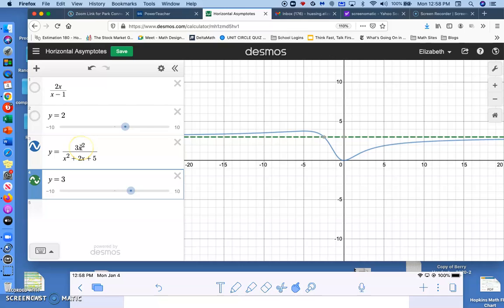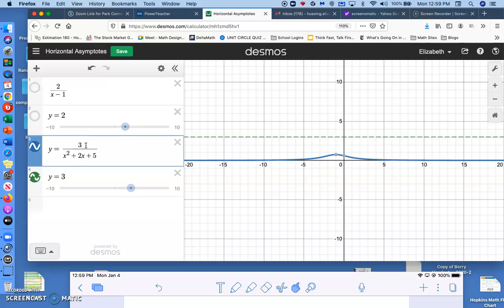Y equals 3. So if we take a look at these equations here, we had 2x over x, 3x squared over x squared. So it kind of looks like it's that coefficient here. But I'm going to change something here. So what happens to this one?